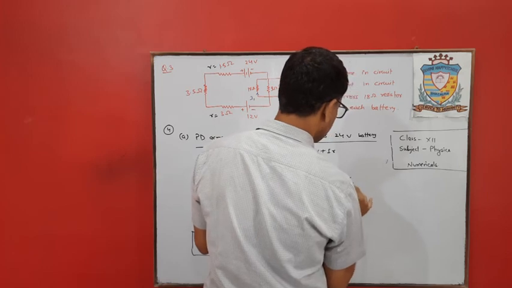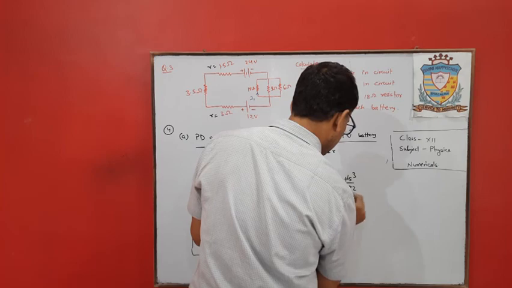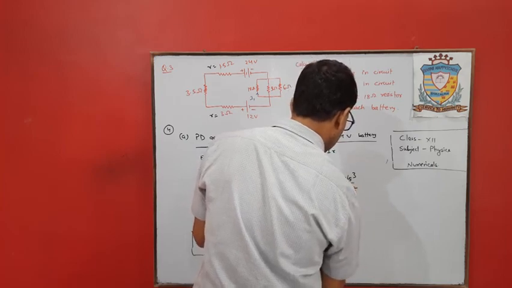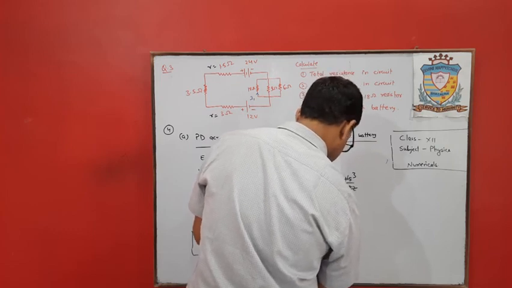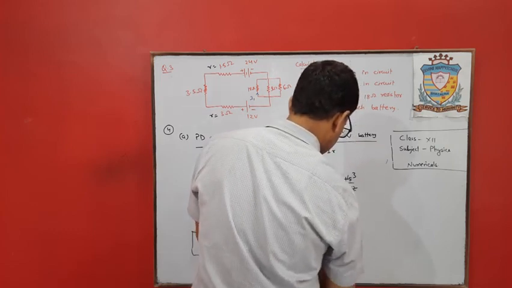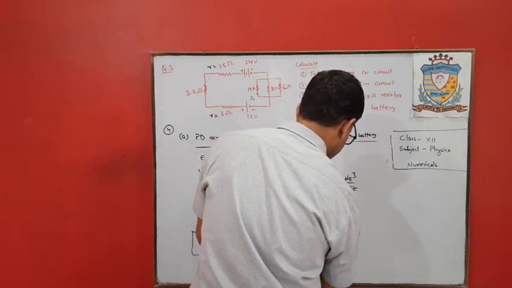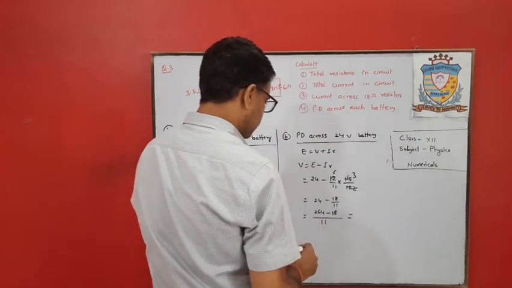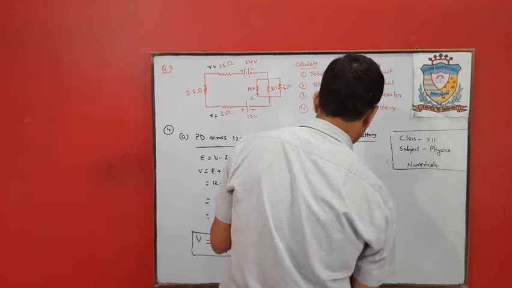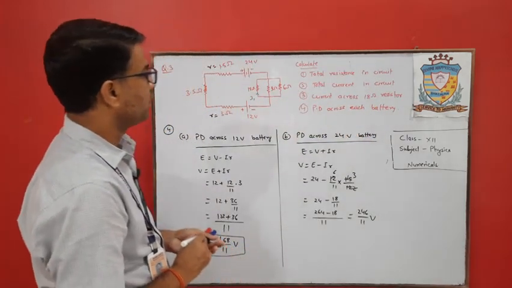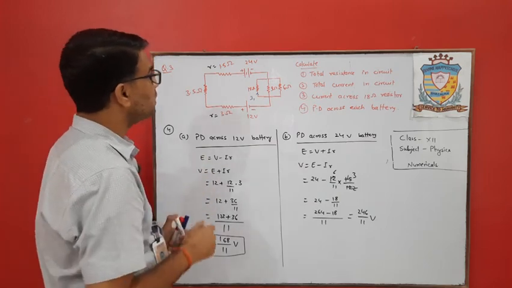This can be equal to 15 by 10, 3 upon 2, or 24 minus 18 by 11, or 11 into 24 is 264, minus 18, 246 upon 11 volt. Clear? So this is the amount of potential, or terminal voltage, across each battery.